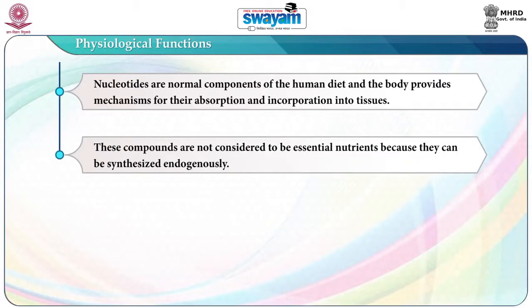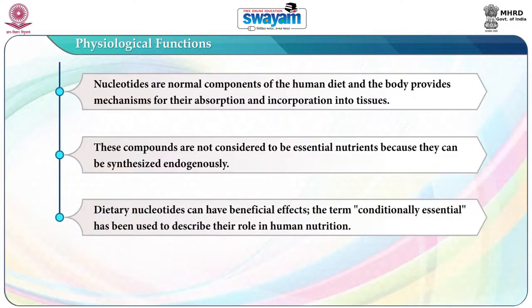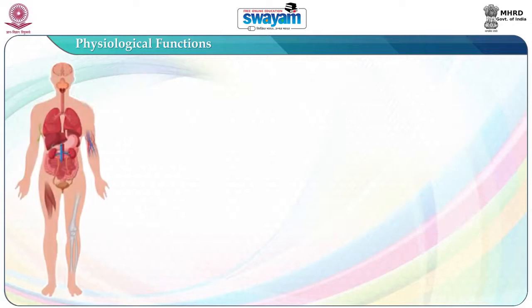These compounds are not considered to be essential nutrients because they can be synthesized endogenously. Studies have demonstrated, however, that dietary nucleotides can have beneficial effects. The term conditionally essential has been used to describe their role in human nutrition.